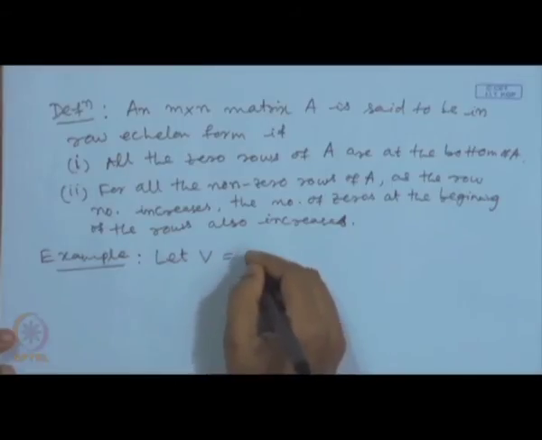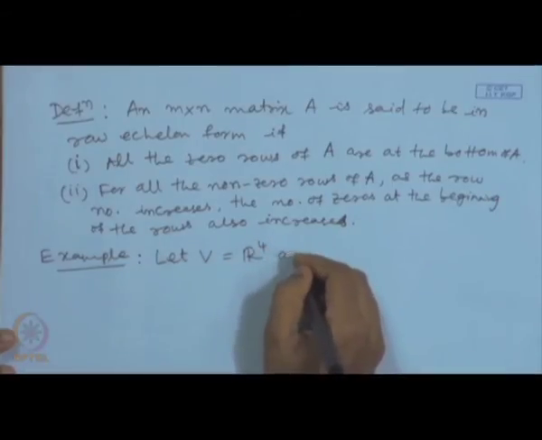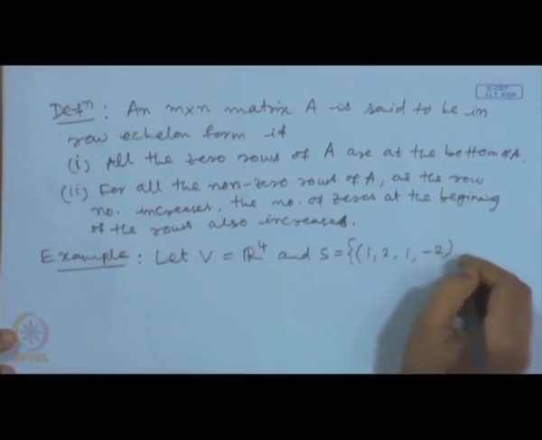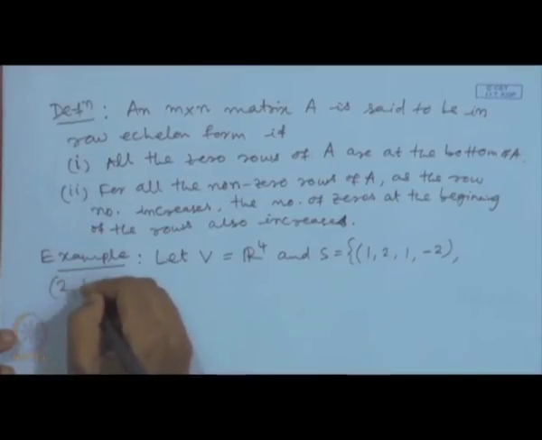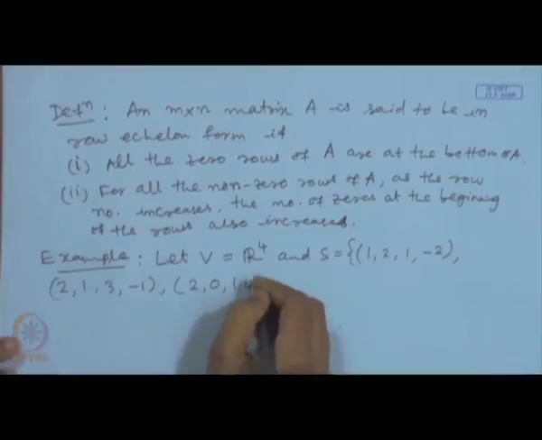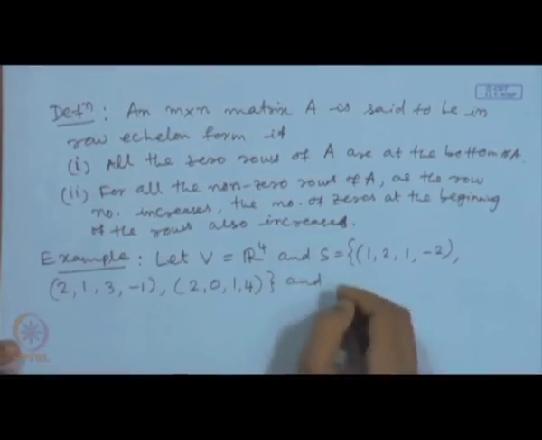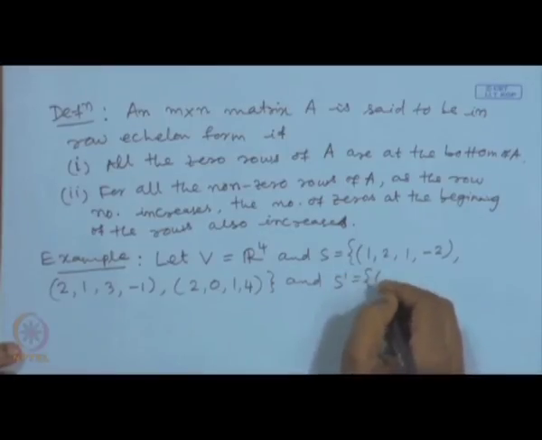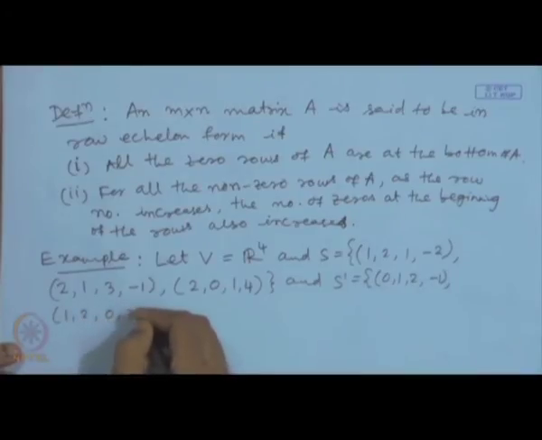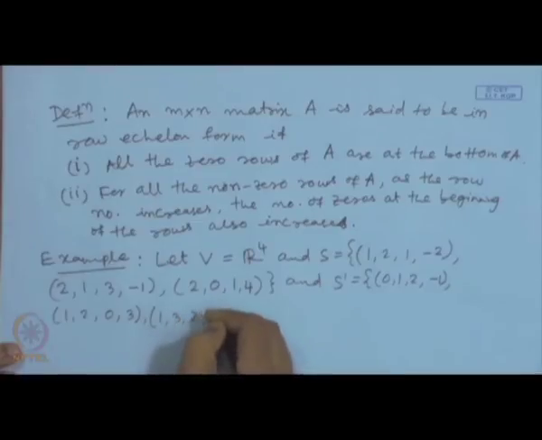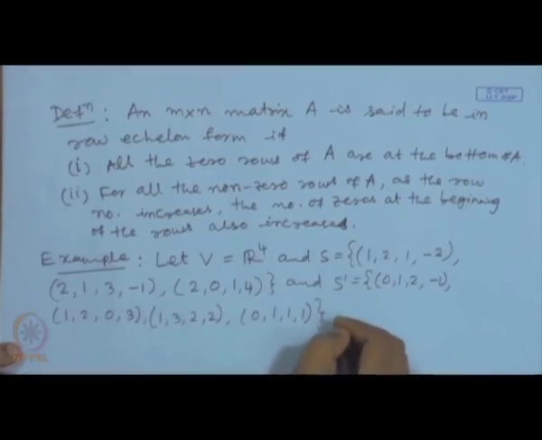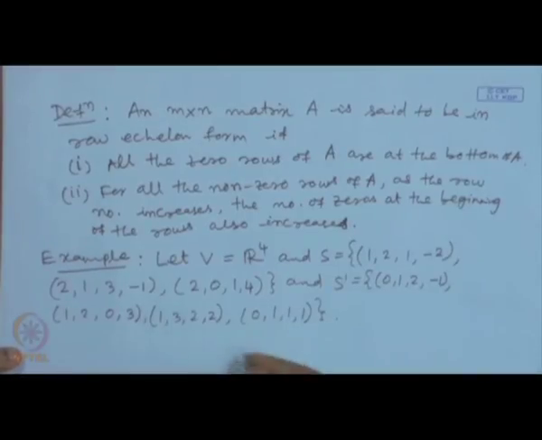Let us take V be the vector space R4 and S be the set of vectors (1, 2, 1, -2), (2, 1, 3, -1), (2, 0, 1, 4), and S prime be the set of vectors (0, 1, 2, -1), (1, 2, 0, 3), (1, 3, 2, 2), (0, 1, 1, 1). So, let us verify whether they are linearly dependent or independent sets.